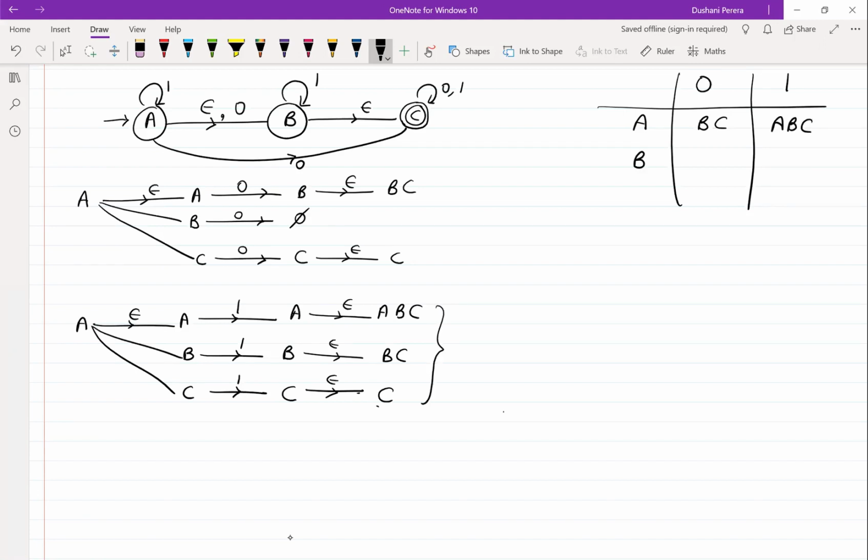Next, we should come to state B. So state B, the null closure of state B, then where shall I go upon seeing 0?